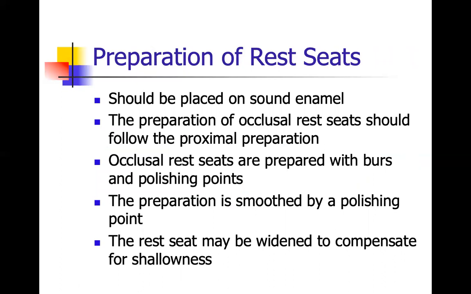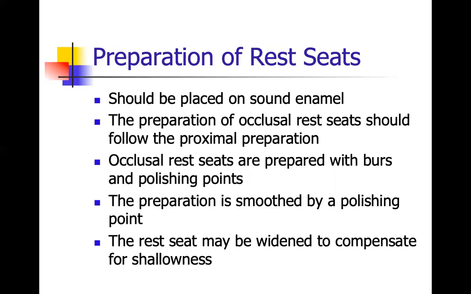Then we come to the preparation of the rest seat. It should be placed on sound enamel. The preparation of occlusal rest seats should follow the proximal preparation. Occlusal rest seats are prepared with burrs and polishing points and then polished or smoothened.